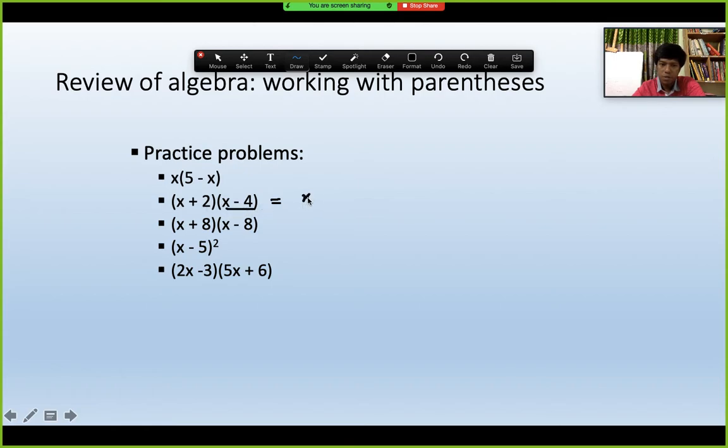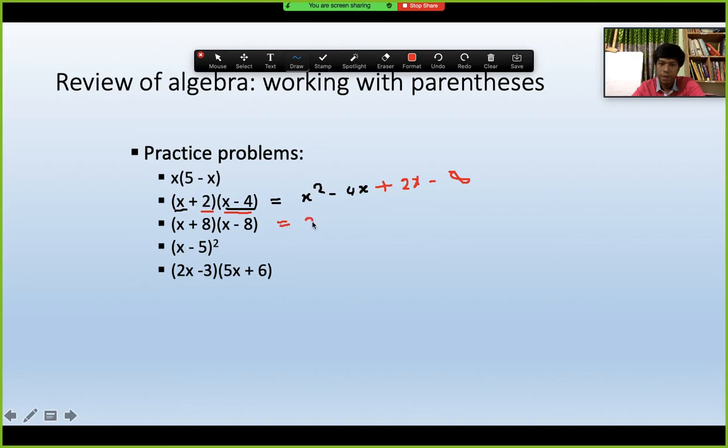So x into x means x squared, then x into 4 means minus 4x. We finished multiplying with this x and this whole thing. Now let's multiply plus 2 and this whole thing. So plus 2 into x means plus twice x. Then 2 into minus 4 means minus 8.